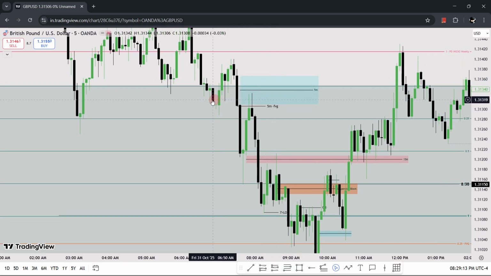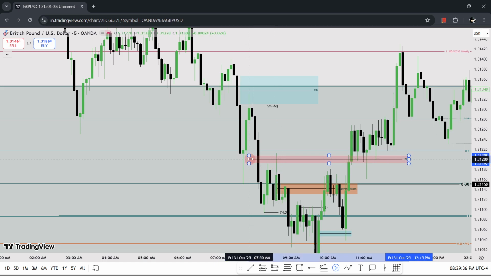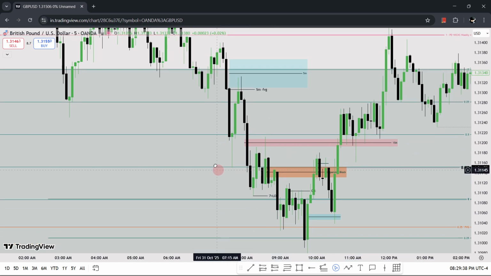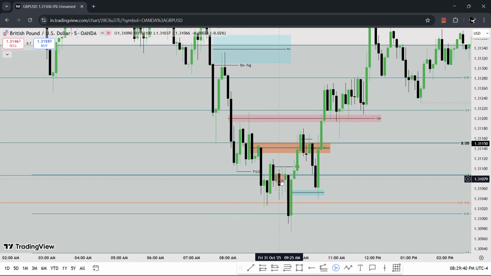This is the 5-minute fair value gap that I mentioned. When it blocked down and dropped, again it went to that 15-minute fair value gap, and again broke down. It reaccumulated here, then distributed to here.